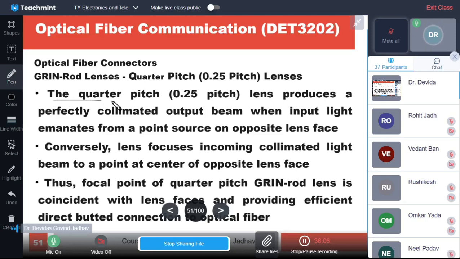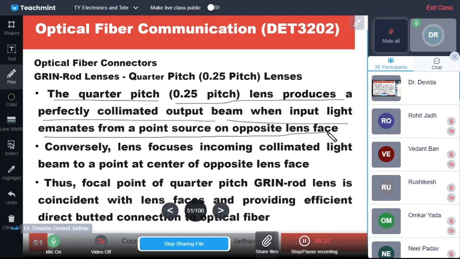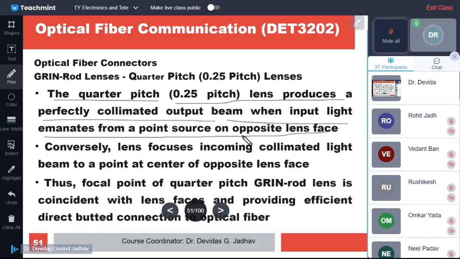So the quarter pitch, 0.25 pitch lens produces a perfectly collimated output beam when input light emanates from a point source on the opposite lens face. Okay. So whenever the source is on the opposite lens face, there is an output of collimated beam.